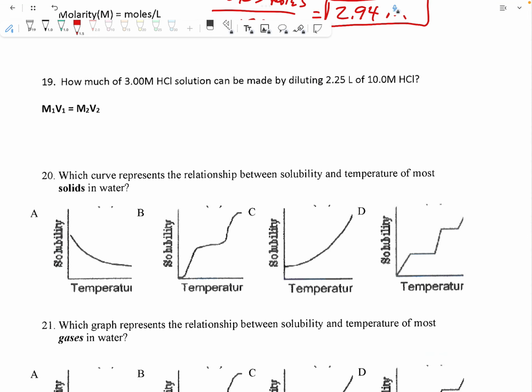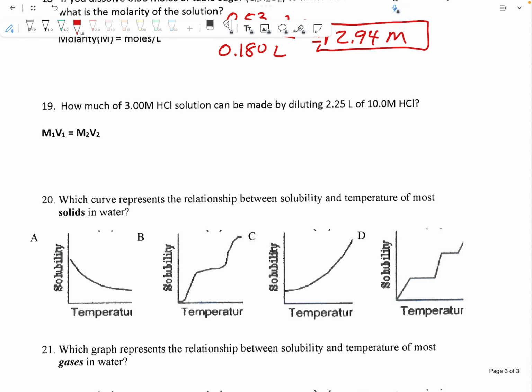How much, number 19, of a 3 molar hydrochloric acid solution can be made by diluting 2.25 liters of 10 molar HCl? Well, read the question for a second. Here's the equation.